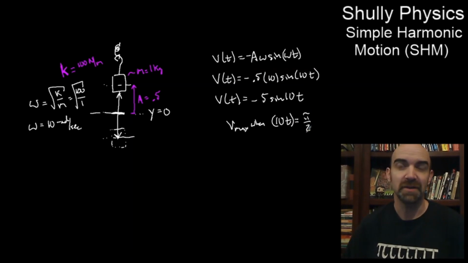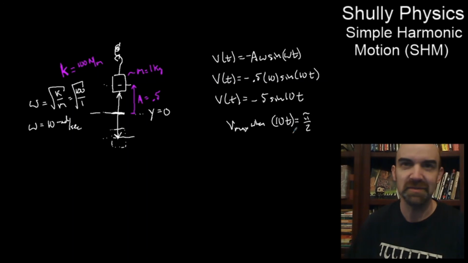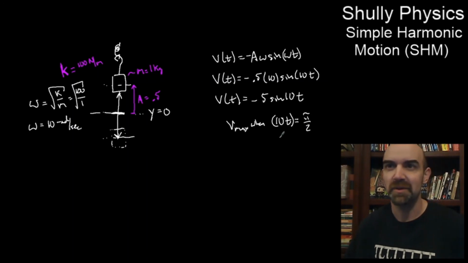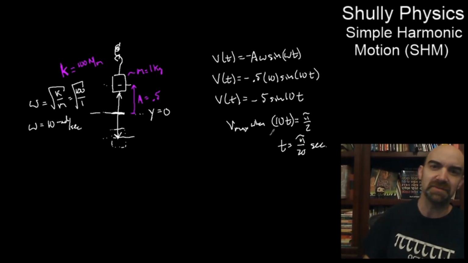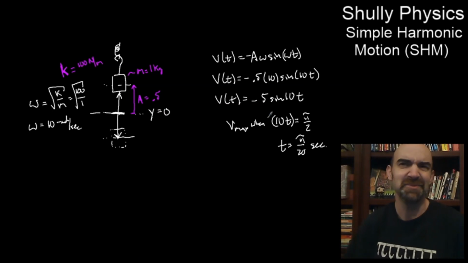All right. So if you ever wondered or asked, at what time is this moving through the center? Well, the first time interval it would be moving through the center would be at pi over 20 seconds. We can leave it as that because pi is just this absurd number that doesn't ever come out even. Okay, so it's one thing you can figure out.